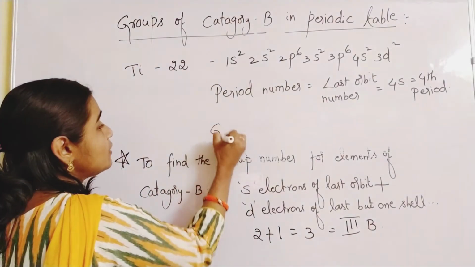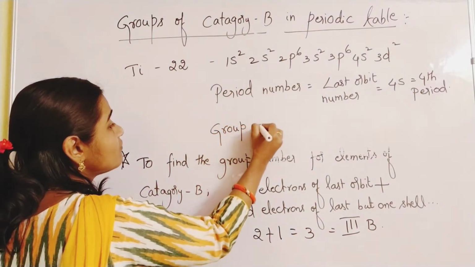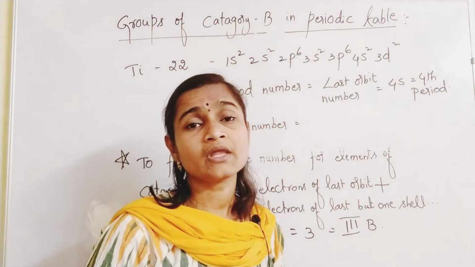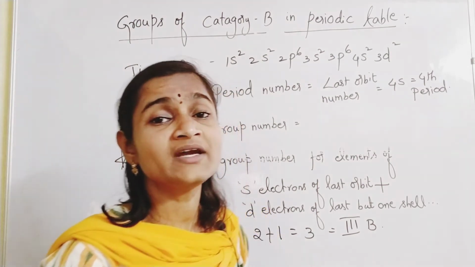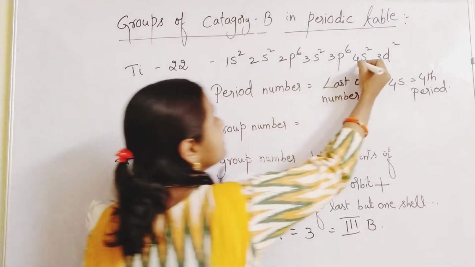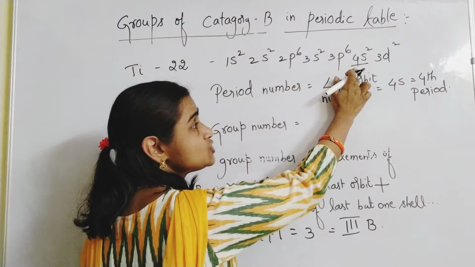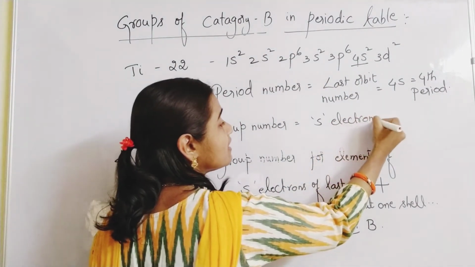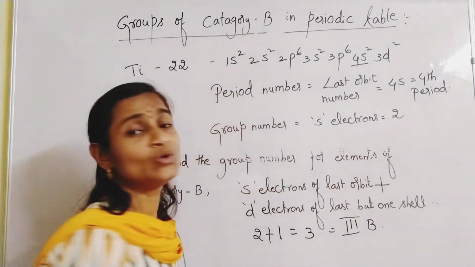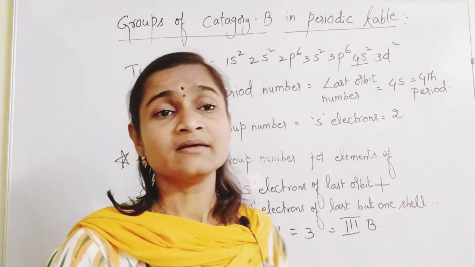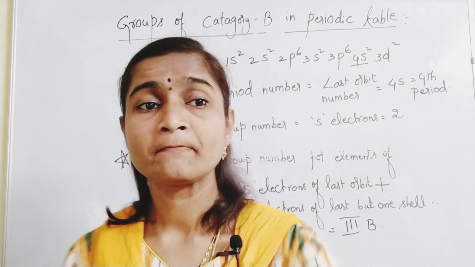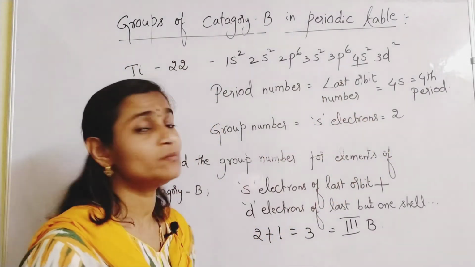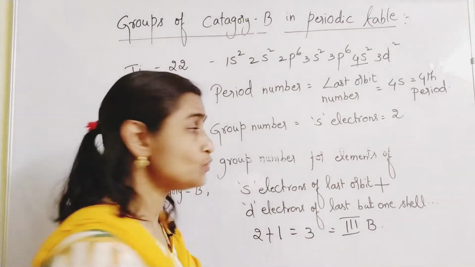Then group number for titanium is what? Here s electrons of last orbit, how many? S electrons are 2. And here D electrons are how many? Those are also 2 only.